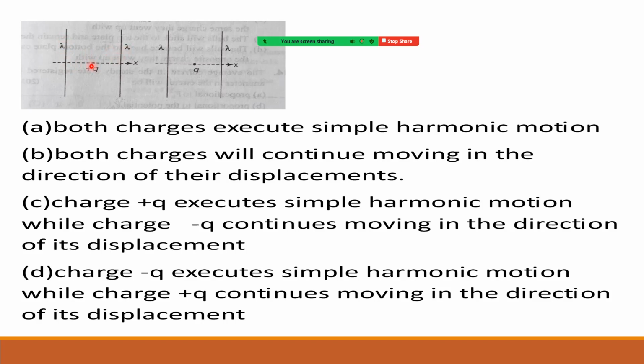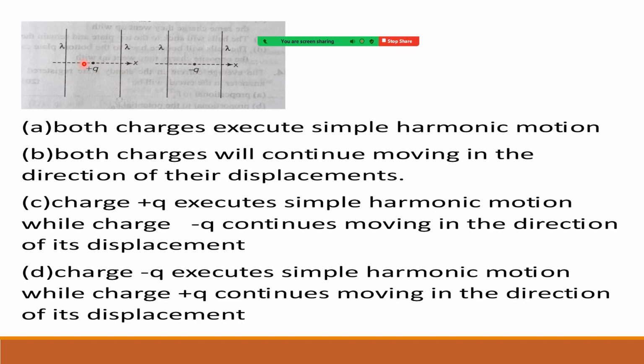That means net force will be to the right side. If you displace this point charge to the right side, repulsion due to this right one will dominate. That means net force will be to the left side. That means plus Q executes a simple harmonic motion.